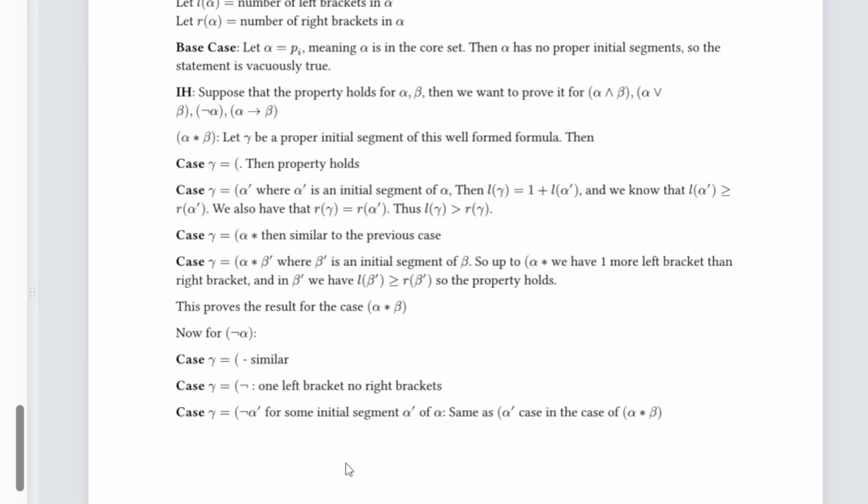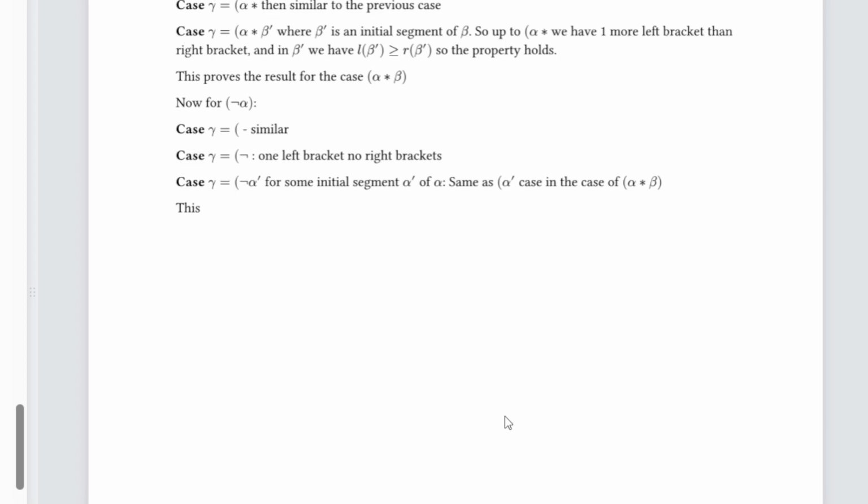The not will not affect this. You write the exact same argument as was done in this case. And yeah, this ends the proof.